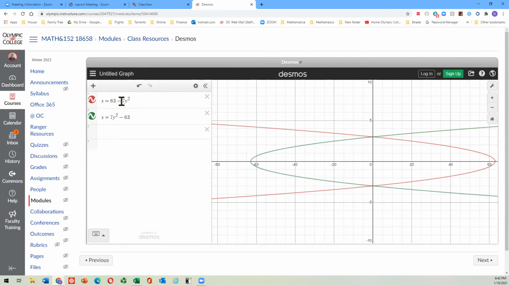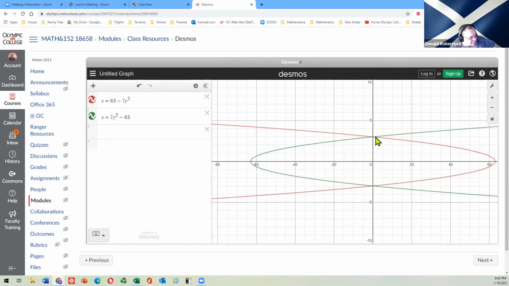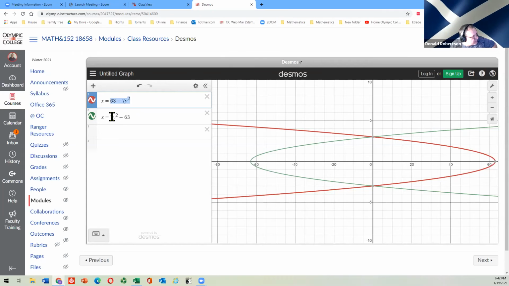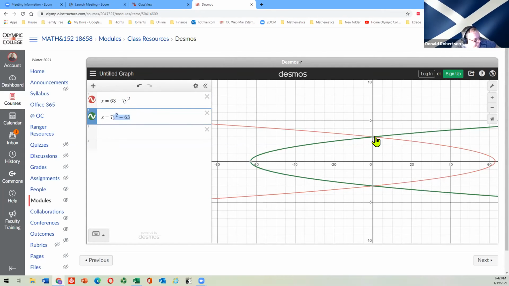And you also get a clue. Isn't the red guy this fella and the green guy this fella? So you're going to do the equation of the red guy, which is 63 minus 7y squared, subtract the equation of the green guy, which is this fella. Now, wouldn't it be really helpful to know where they intersect, right? Because you have to go from that guy to that guy.